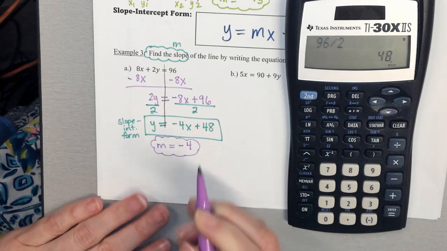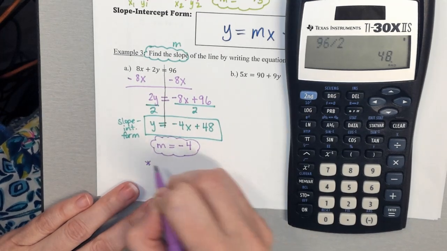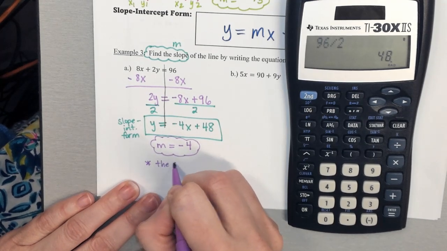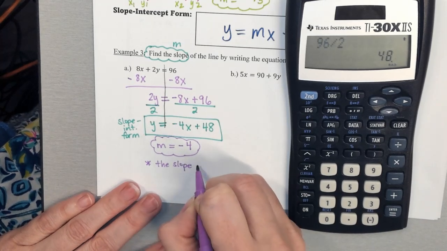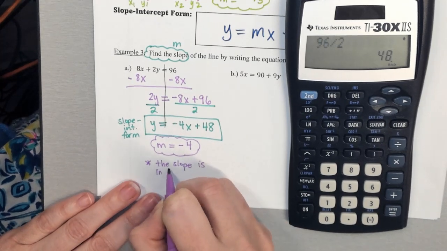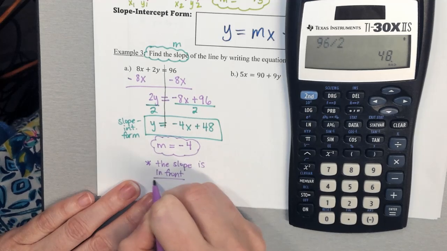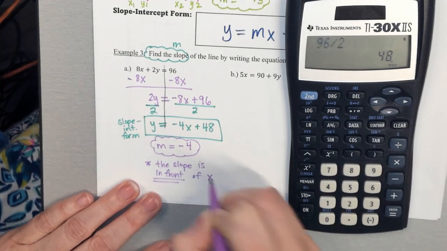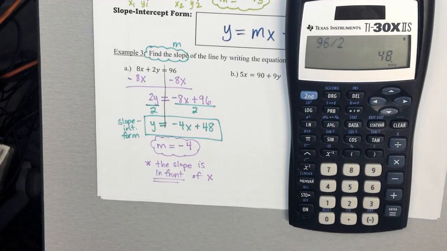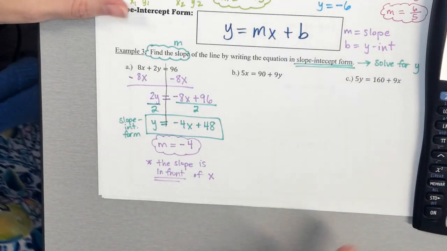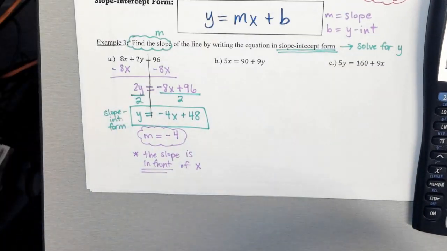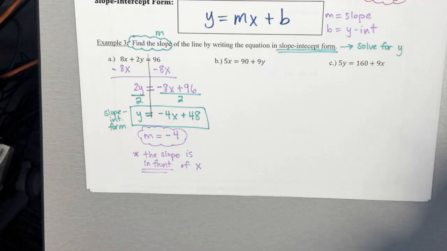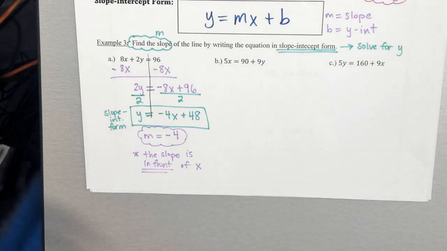It's always in front of x. It does not include x. So your slope is in front of your x value. You are not going to put x with it.